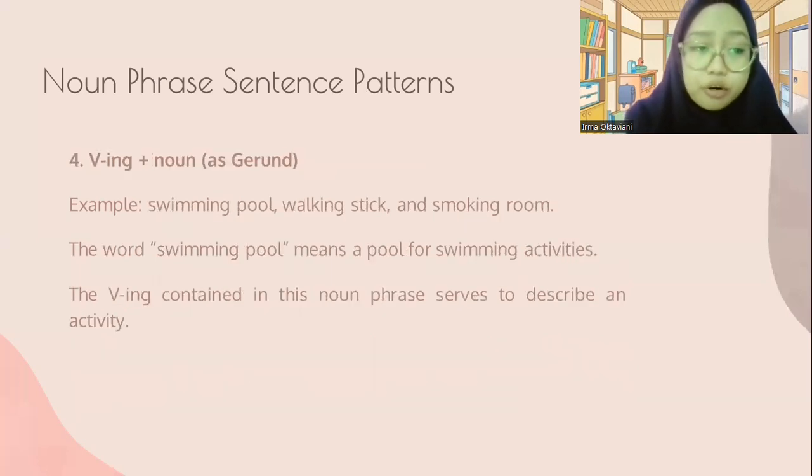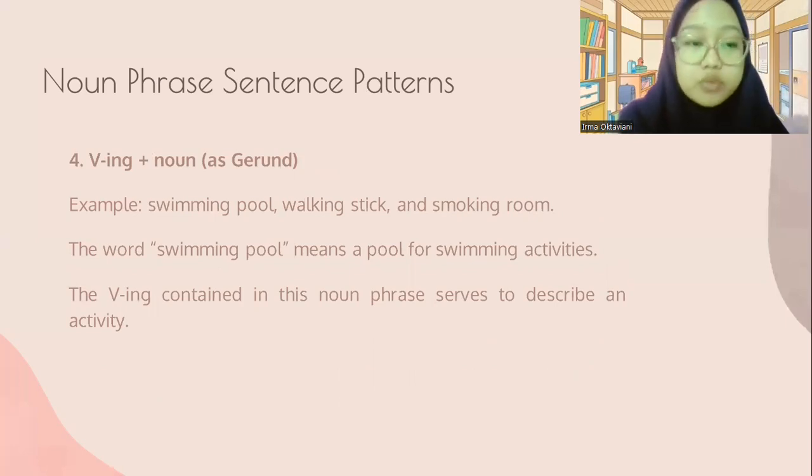And then the fourth is verb plus verb-ing plus noun as gerund. For this sentence pattern category, you can use the examples swimming pool, walking stick, and smoking room.